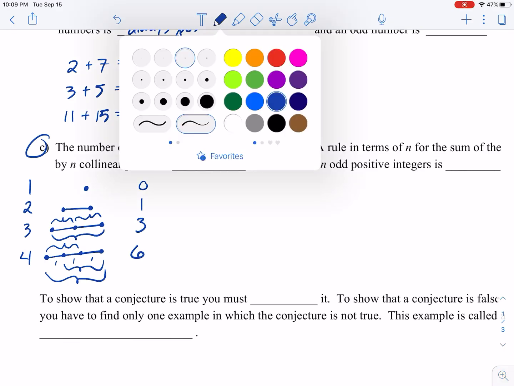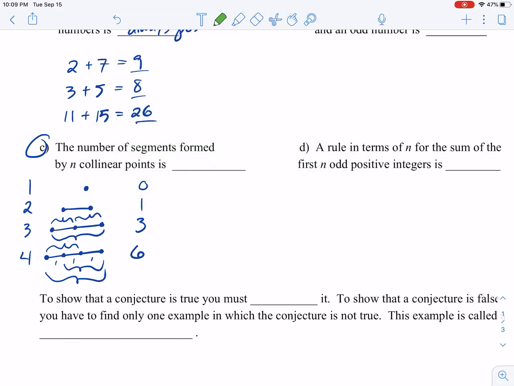Okay, and it might be tough to see right now, but if you break it up into the smaller segments, here we had 0 for 1, there was only 1 possible segment. If you break it up, we had 2 plus the larger segment of 1.